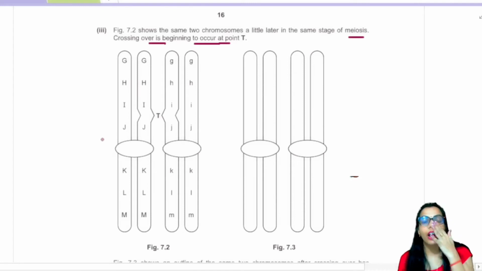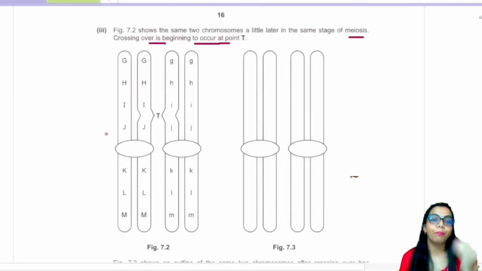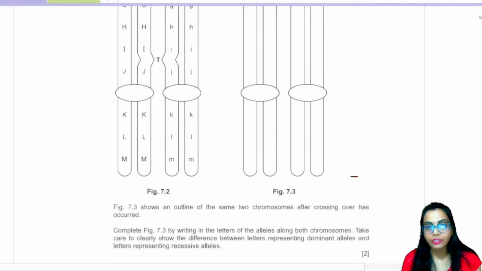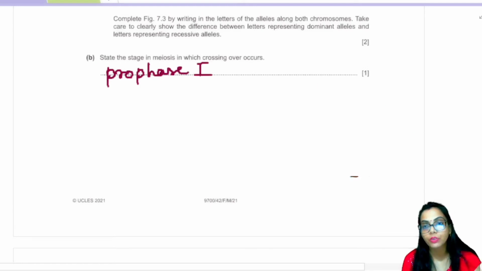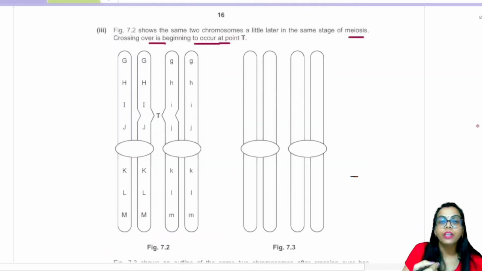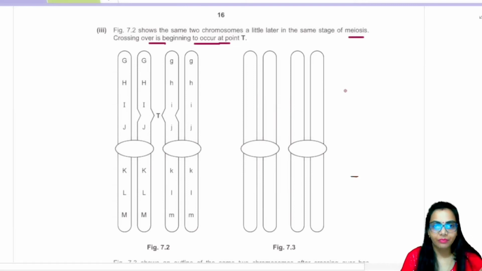The crossing over occurs at the stage of pachytene in prophase 1 of meiosis 1. So the stage given is the prophase, prophase 1 of meiosis 1. In prophase 1 it occurs in the pachytene.